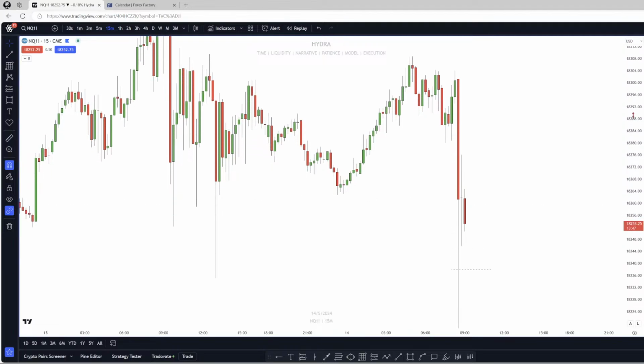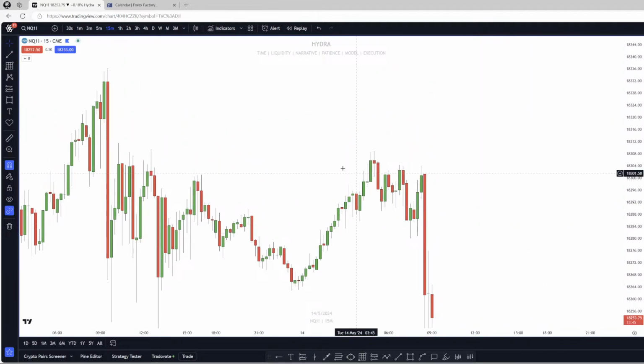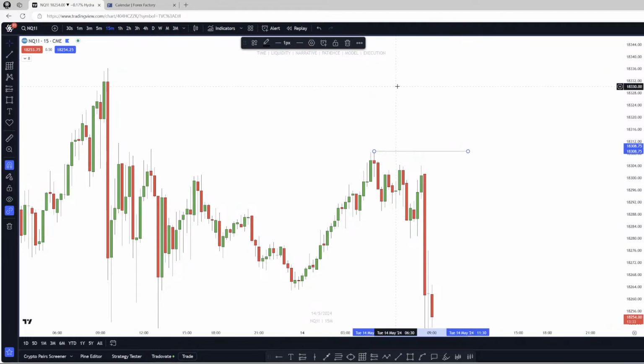Now on the 50-minute chart, very clean level up here. We have our 8:30 high, news high, and then we got some relative equal highs up here as well.